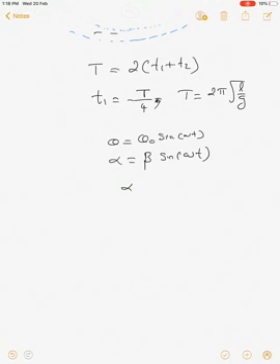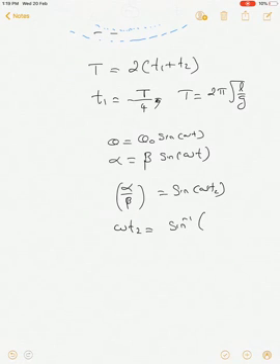So alpha divided by beta is equal to sine of omega t2, so omega t2 is equal to sine inverse of alpha divided by beta.